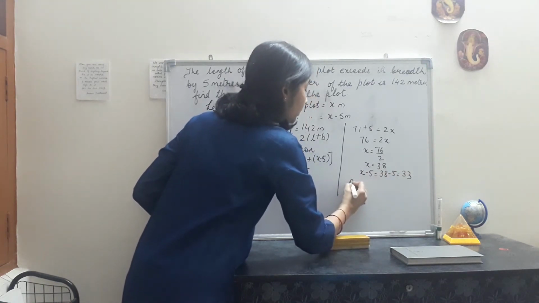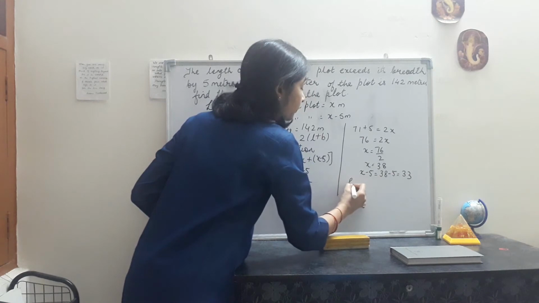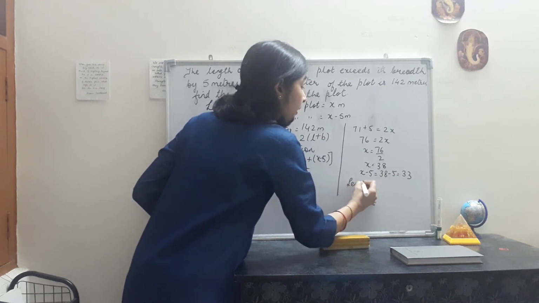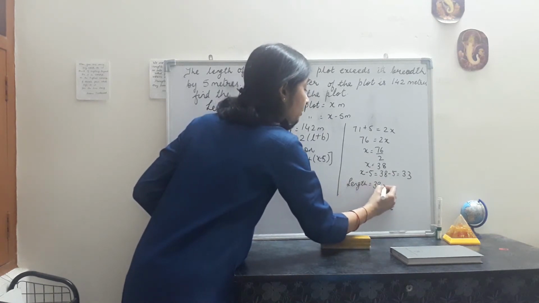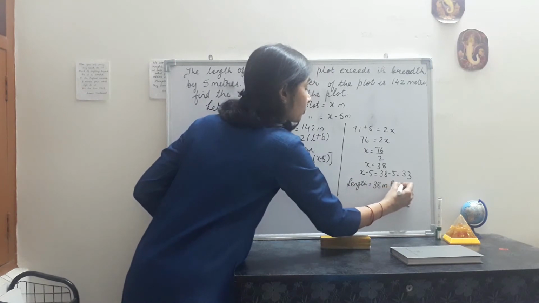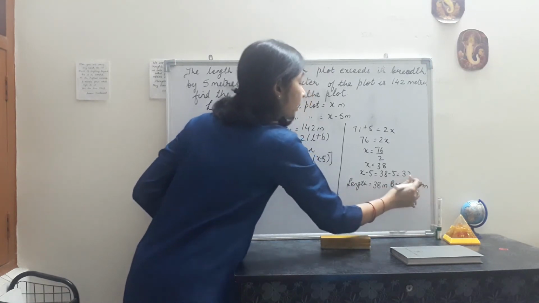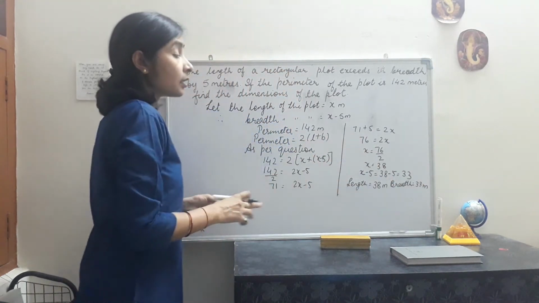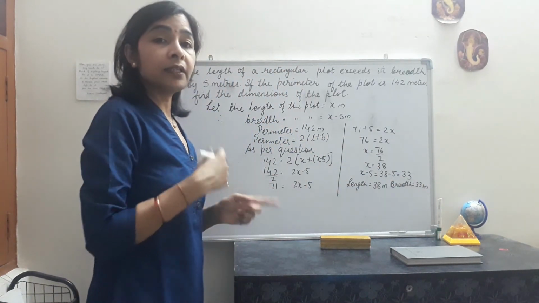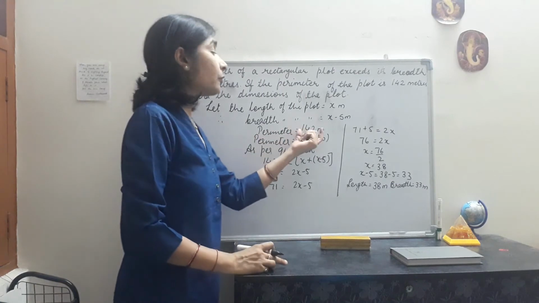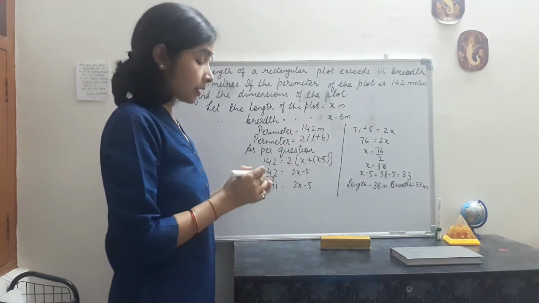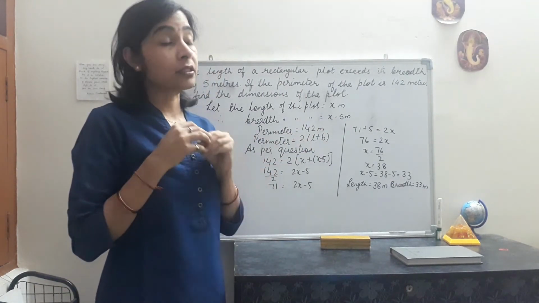So length is equal to 38 meters and breadth is equal to 33 meters. You can check the answer. 38 plus 33 gives us 71, and twice of 71 is 142. So the answer is correct. Now let's see the next problem.